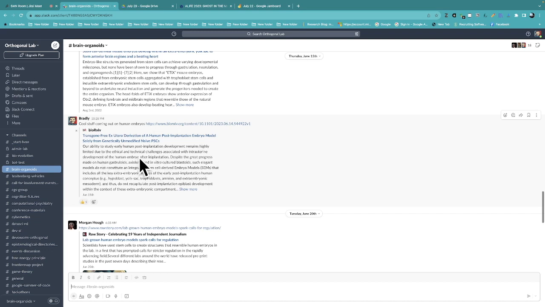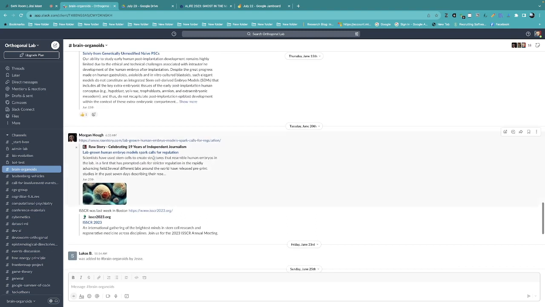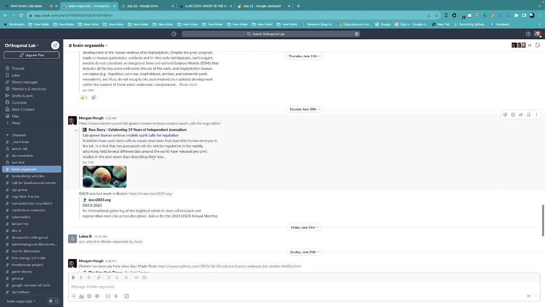And then this is another paper on this work. So this is something that you'll want to check out if you're interested. This, of course, is referring to what I was talking about, lab-grown human embryo models spark calls for regulation.